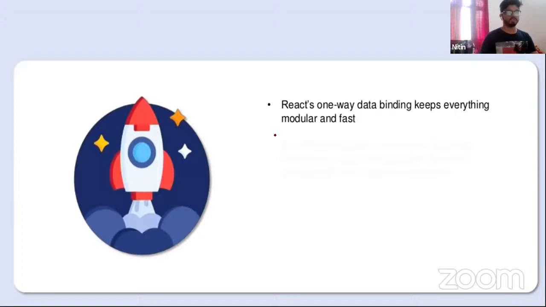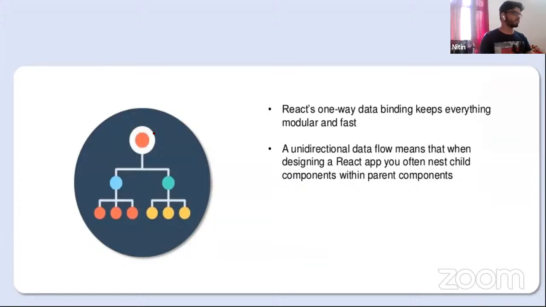One-way data binding. So what happens in one-way data binding is, as from the examples we have seen, just look at this example. So this node is a root. Okay.